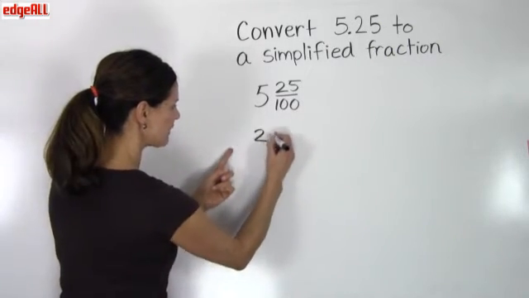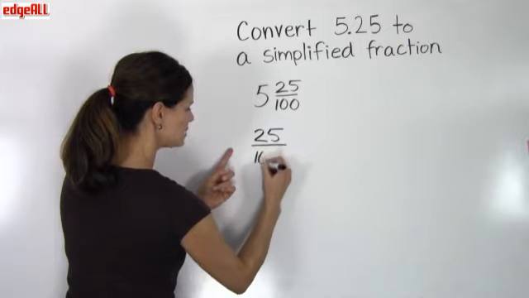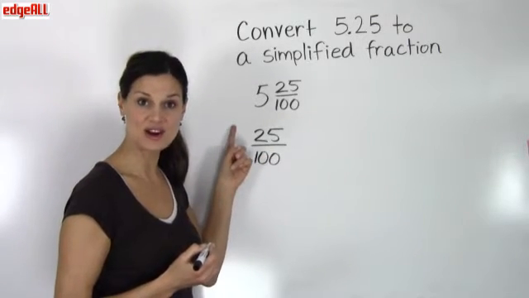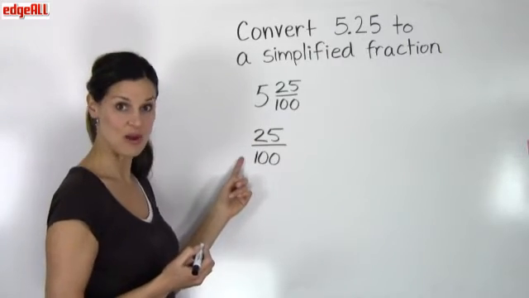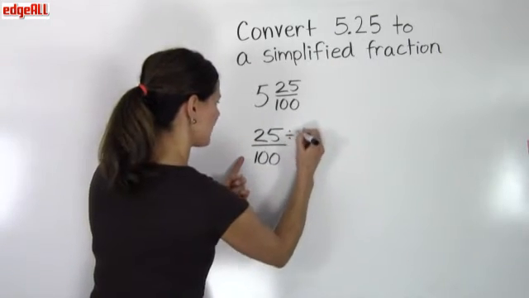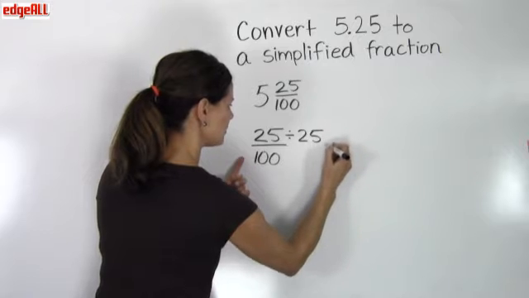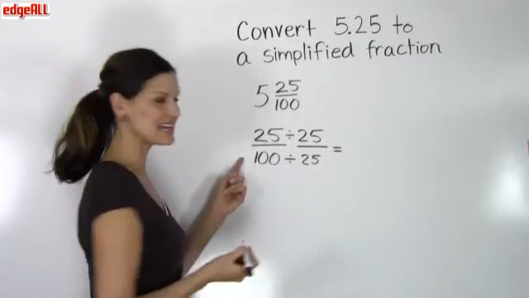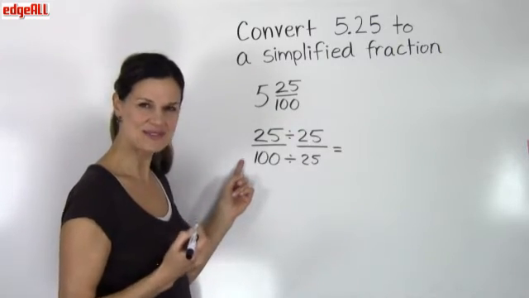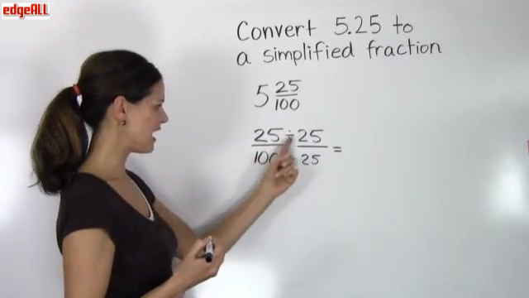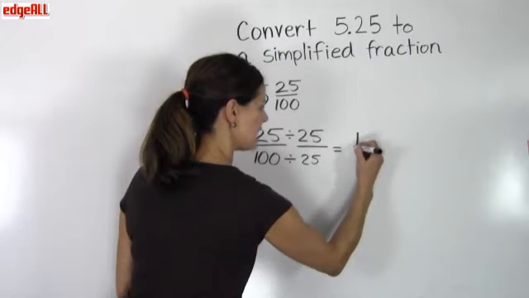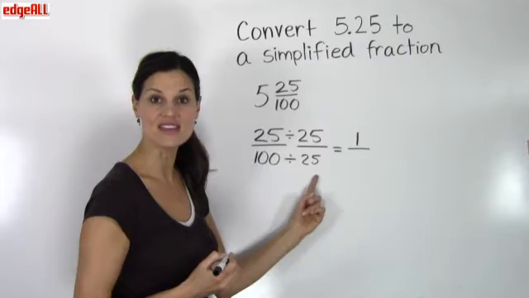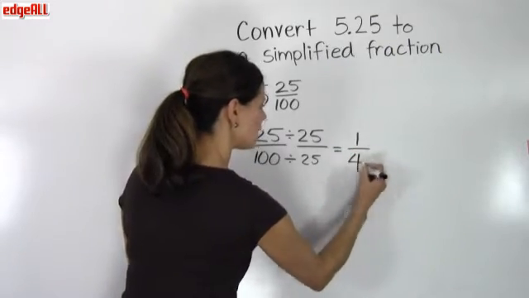So my 25 over 100 can be simplified by dividing both my numerator and denominator by 25. So if I divide the numerator by 25 and the denominator by 25, I end up with my simplified fraction of 25 divided by 25 equals 1 in my numerator, and 100 divided by 25 equals 4 in my denominator.